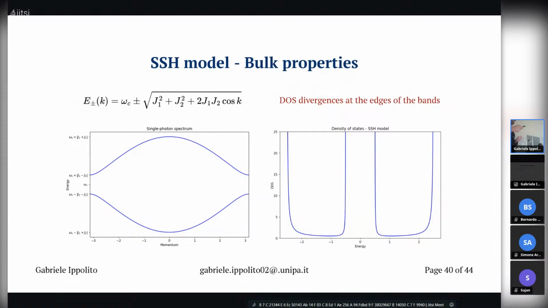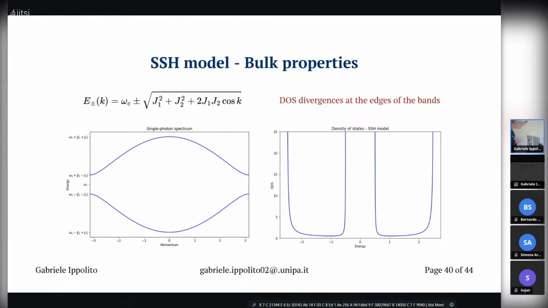This is the single photon dispersion relation for the SSH model. And now it is more complex than having a single band. Now we have two bands, okay? And they are separated by an energy gap. This energy gap closes as the two hopping rates are closer to each other.